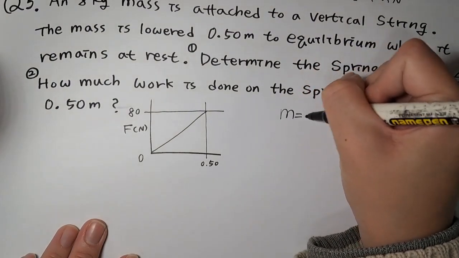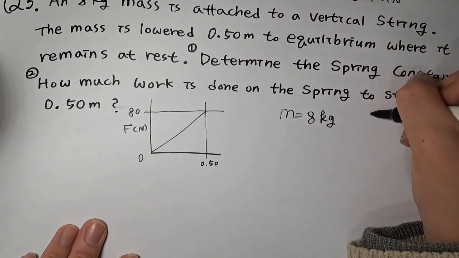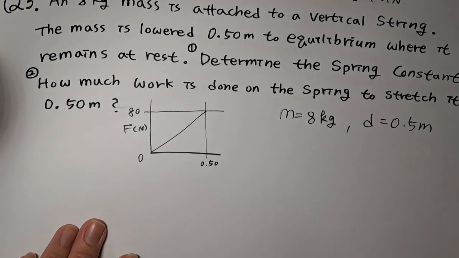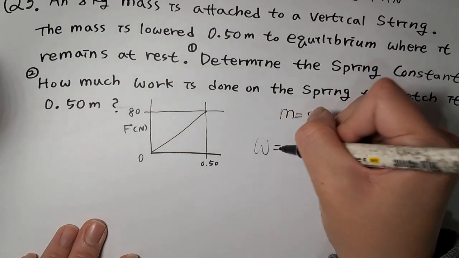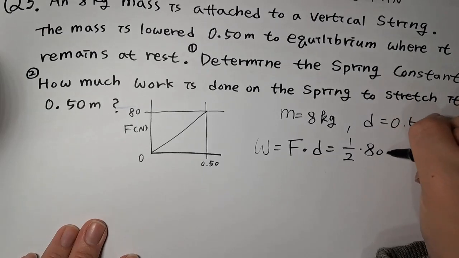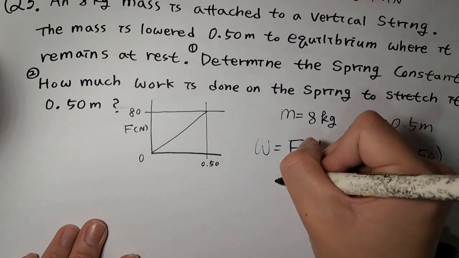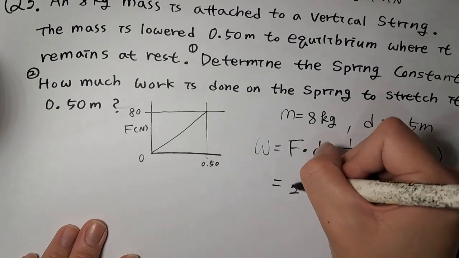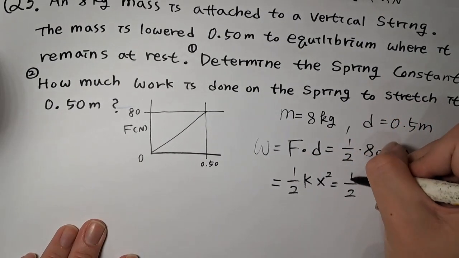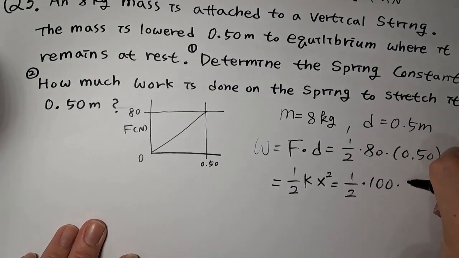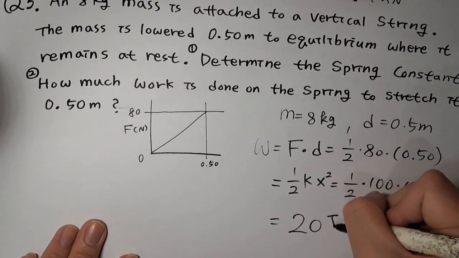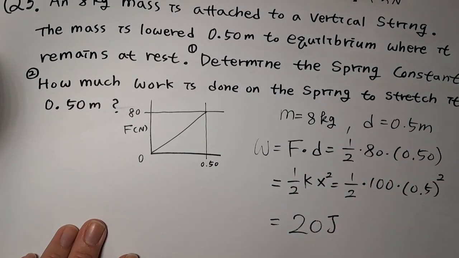So the mass is going to be 8 kilogram, and this distance is 0.5 meter. So this is going to be work, and this is how we can find the potential energy of the spring. And the work is 20 joule.